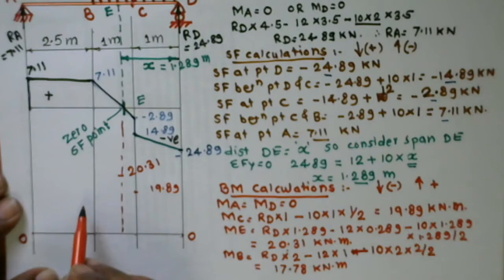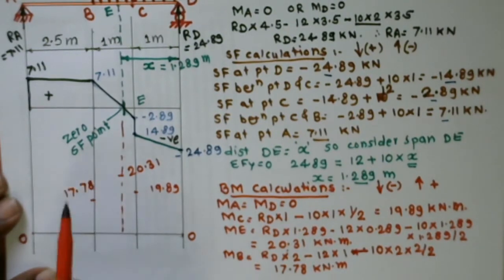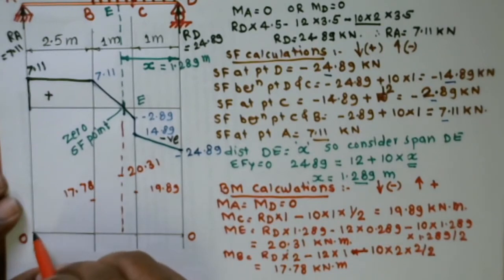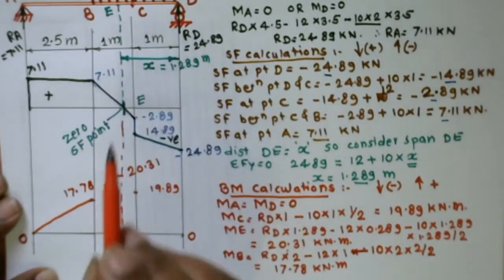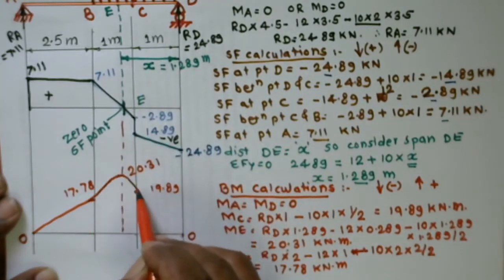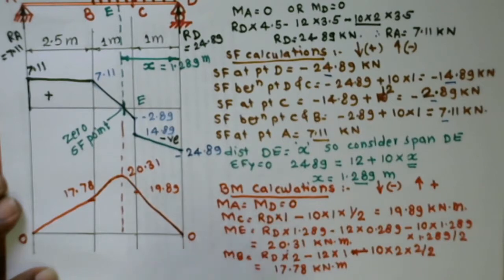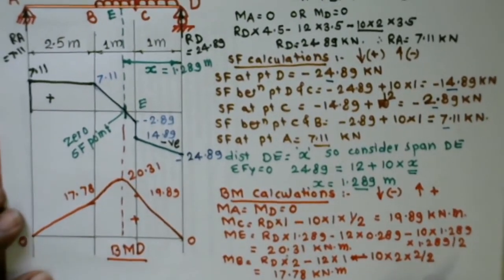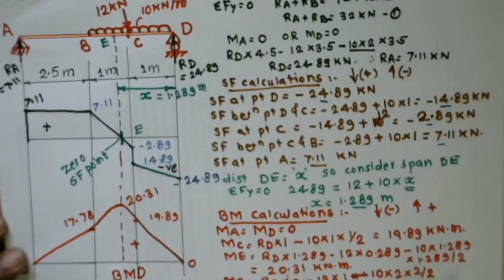Bending moment at B 17.78. Now between the point A and B there is no load, so by inclined line. But between the point B and D there is a UDL, so we have to join this point by smooth curve. This becomes positive bending moment diagram. This completes our bending moment diagram.